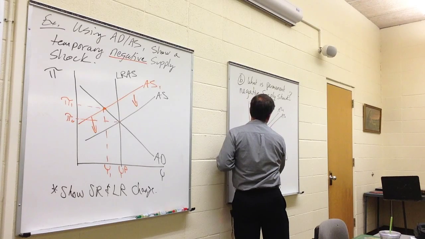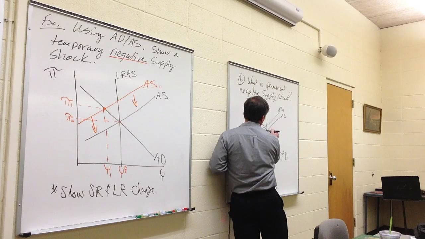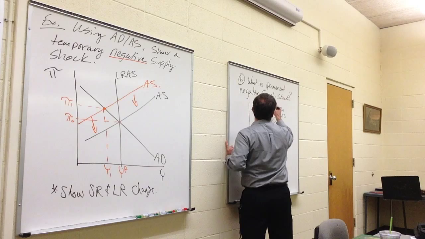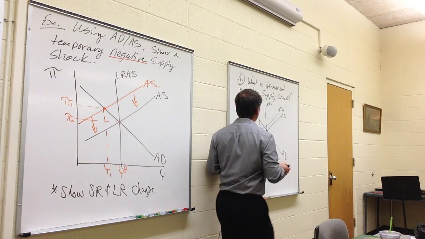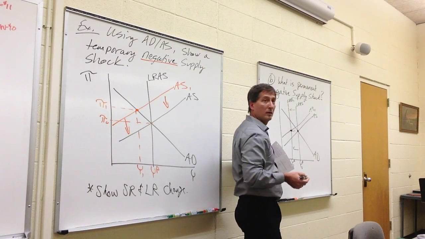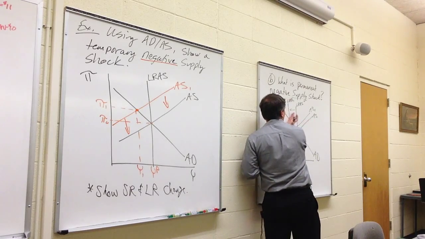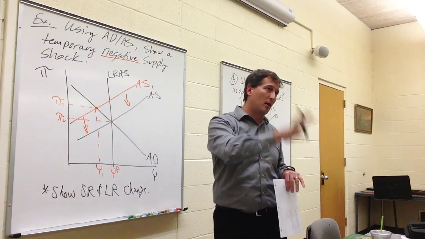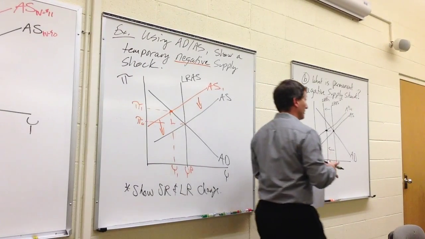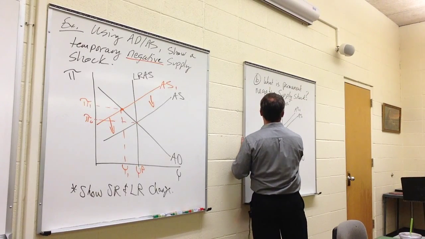These two things shift parallel the same distance. So I took this original equilibrium point and I came the same distance that I did with the long run aggregate supply. So that's when we see a permanent shift and it involves long run. Basically, anything that shifts the long run curve shifts the short run curve too.